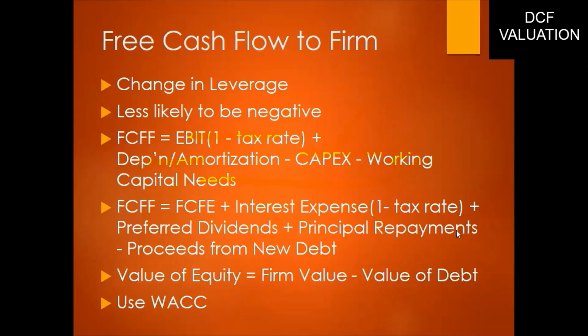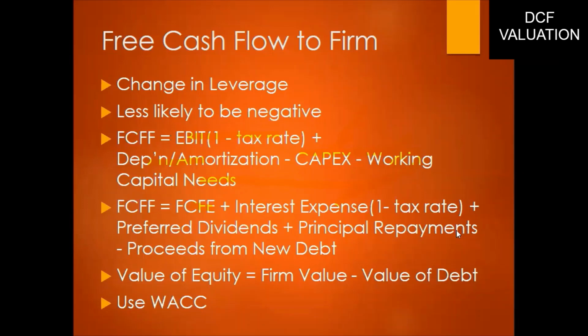So let's say you have your free cash flow to equity. How do you determine your free cash flow to firm? From free cash flow to equity, you have to deduct interest expense net of tax. Sorry, not deduct, but add back. You have to add back interest expense net of tax. Again, we don't consider financing first.